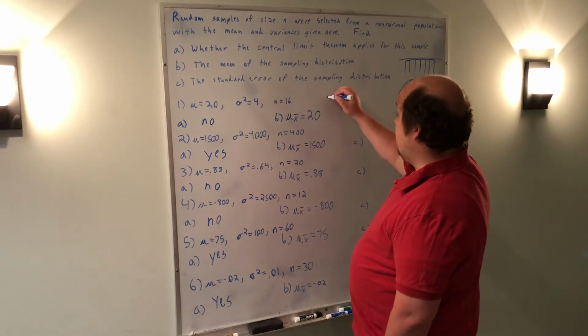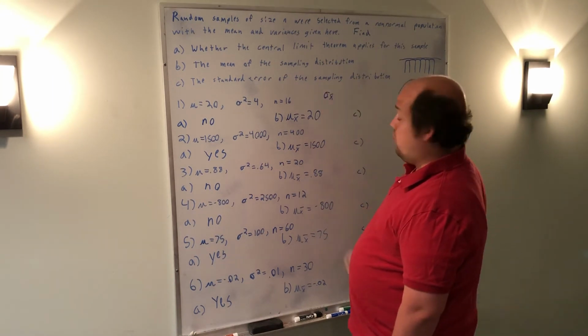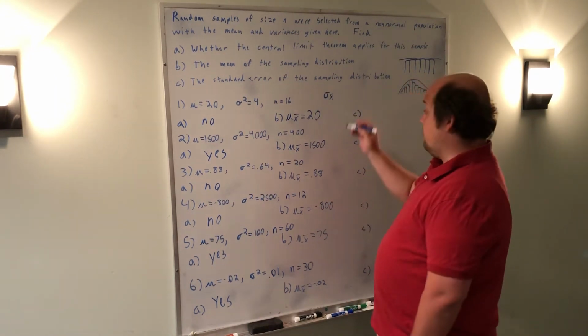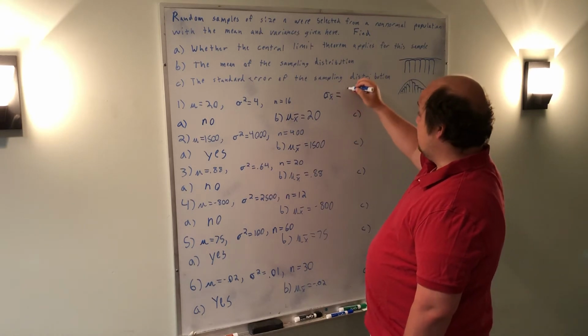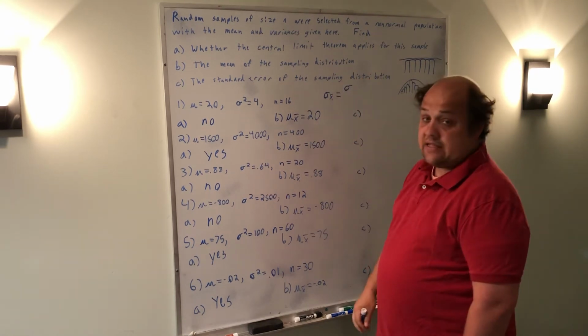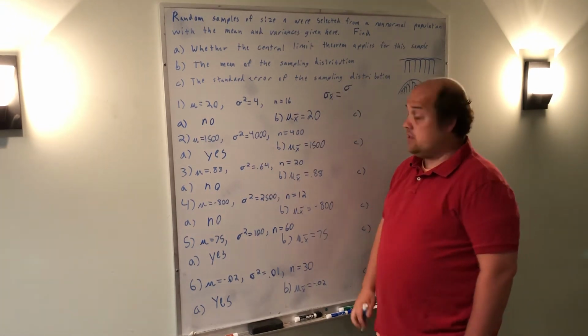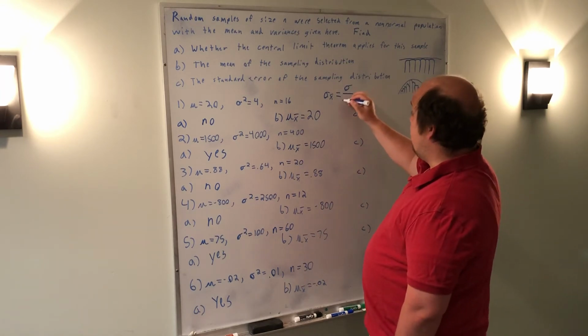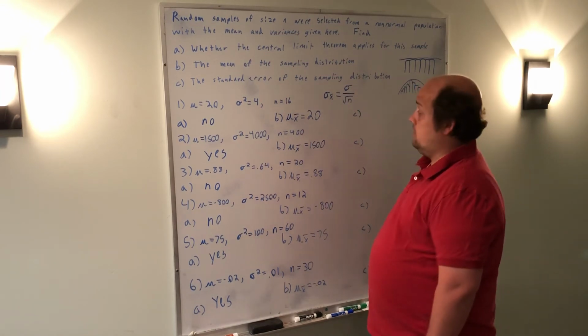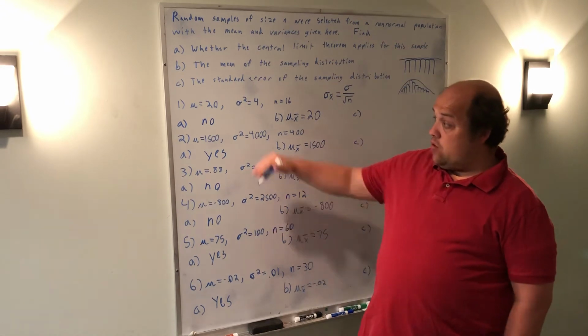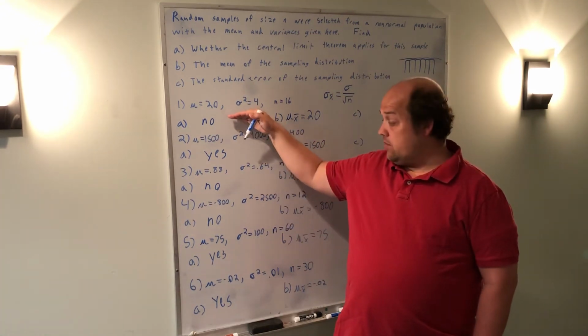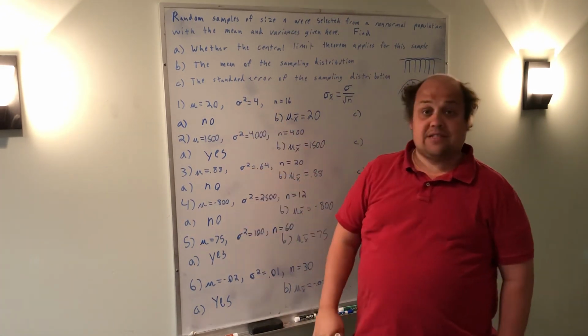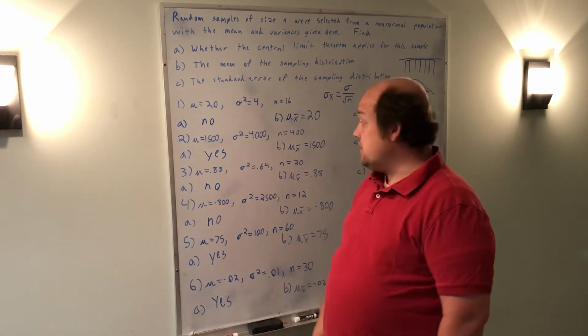The standard error, sigma sub x bar, or the standard error of the sampling distribution, equals the original sigma, whatever the standard deviation was of the distribution that I'm given, divided by the root of n. Even though we know the central limit theorem doesn't apply to numbers 1, 3, and 4, I'm still going to calculate this as though it does.